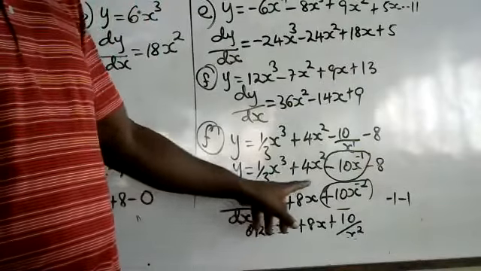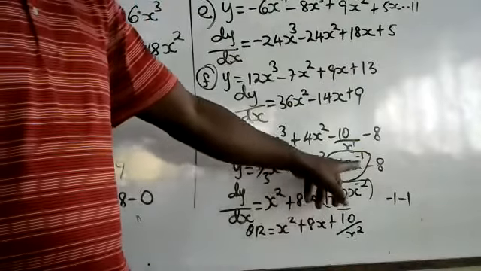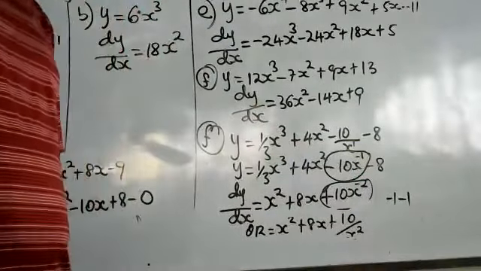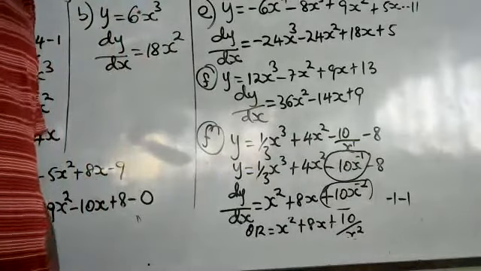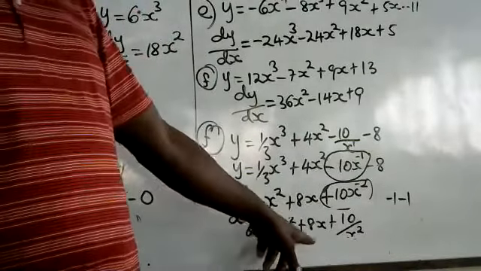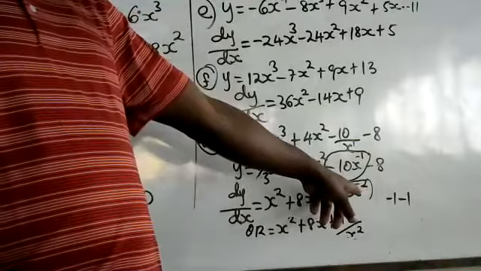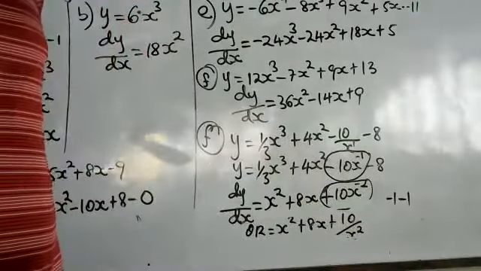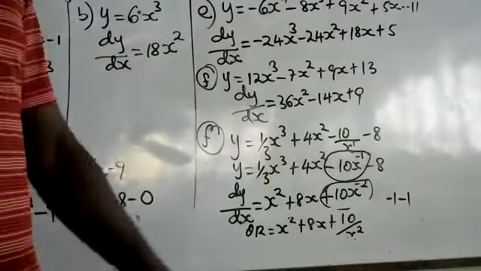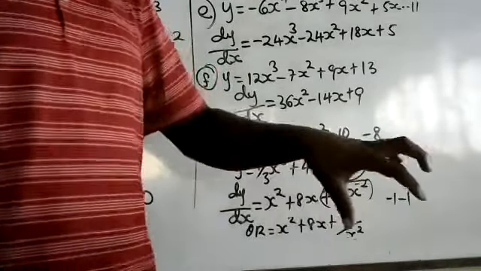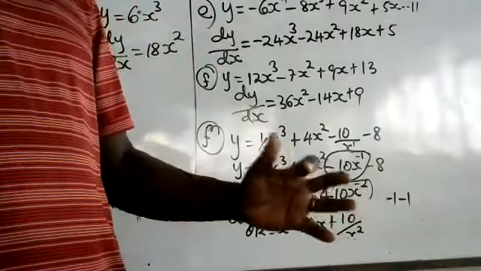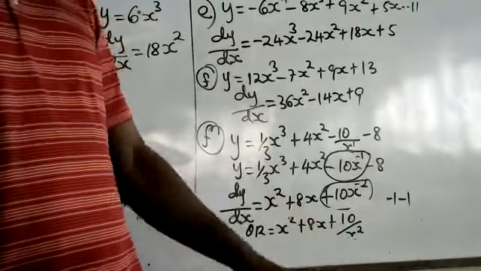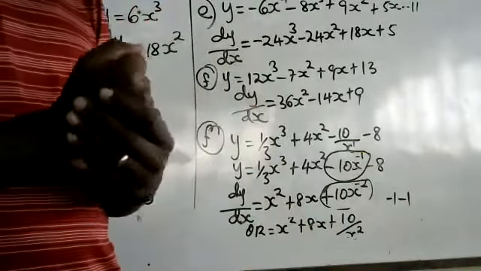After getting 10x power -2, you can show the examiner that you know mathematics by saying it is the same as 10 over x power +2. Differentiation has only one approach, but you can leave your answer in either form, which is still the same.